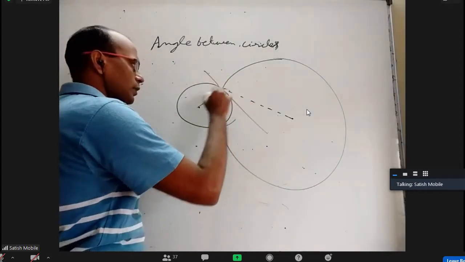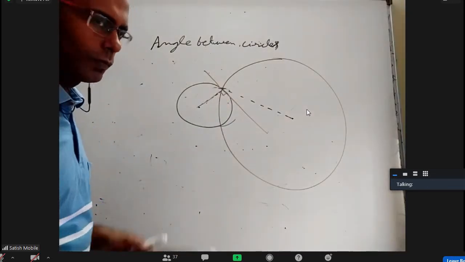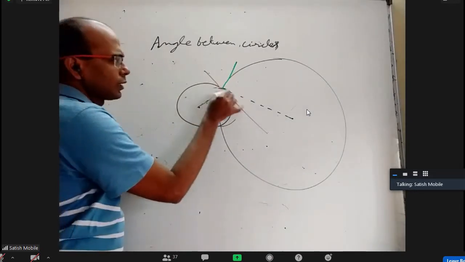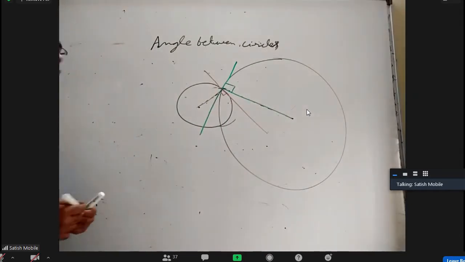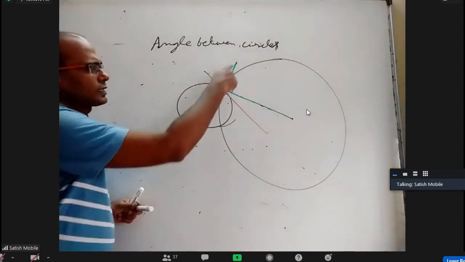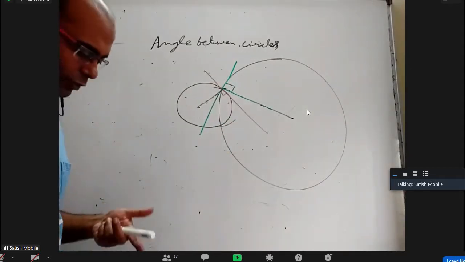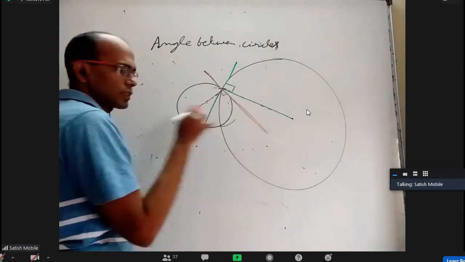This and this are perpendicular where this angle is 90. And I can draw this and this. They are perpendicular, that angle is 90 between them. But this green line is tangent. This red line, I don't know if it is red for you or not, but it is a red line. This red line is tangent to the first circle.